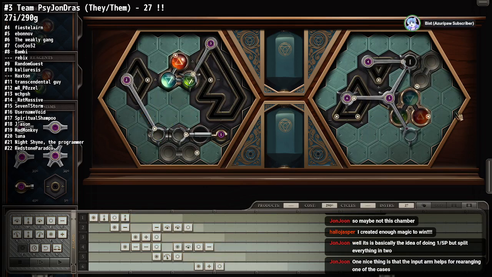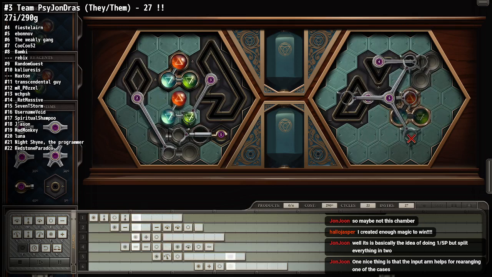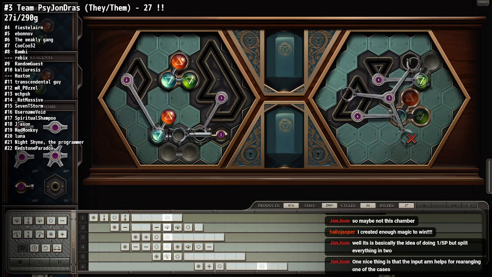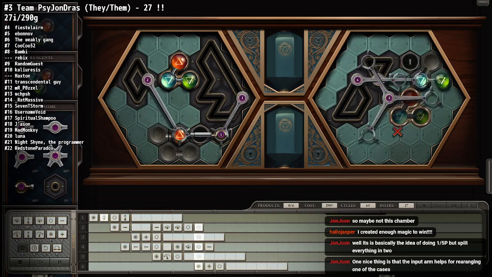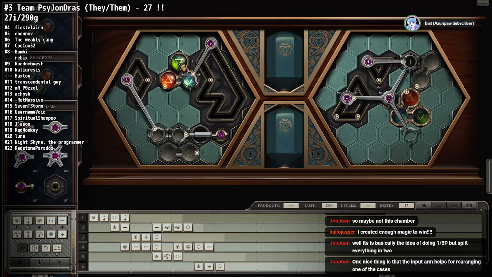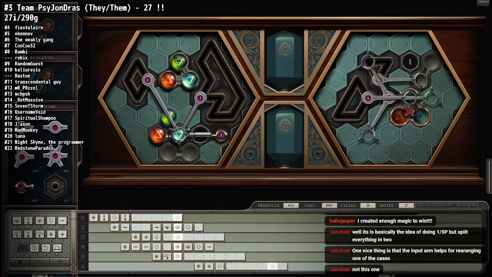Alright, different test cases. The input arm actually rearranges one of the cases? Right, because it keeps on moving. One of them is going to. Let me see. Yeah, this one probably would.